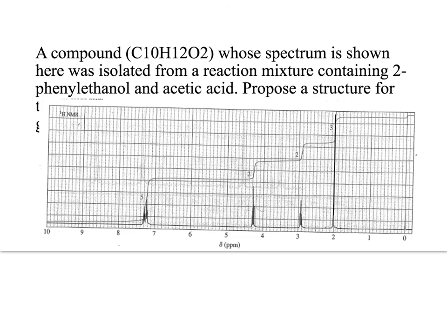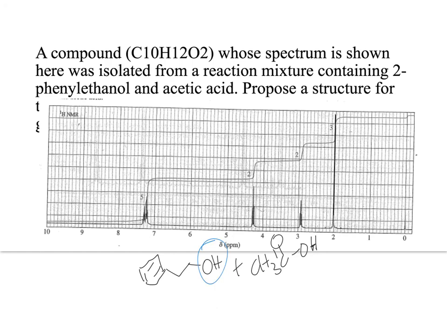Okay, a compound with the structure C10H12O2 was isolated from a mixture containing, let's see, 2-phenylethanol. So this plus acetic acid. Now what you might not know is this is called esterification, and this will make an ester.